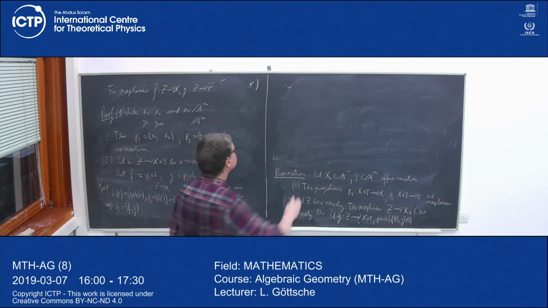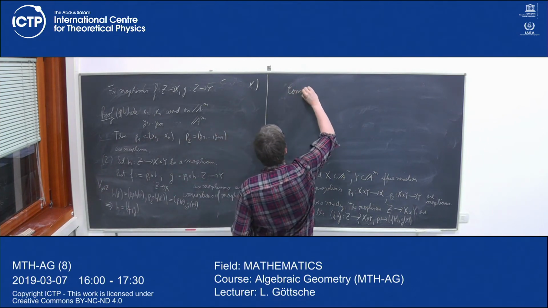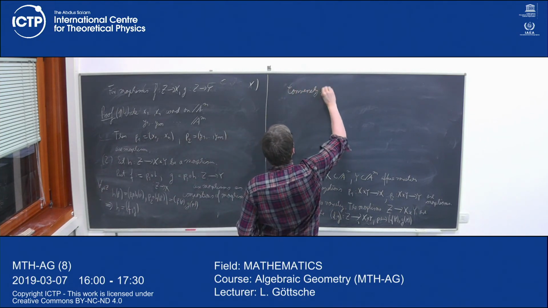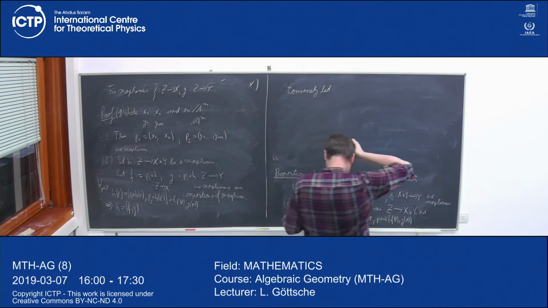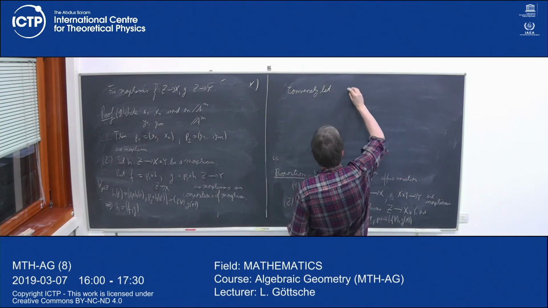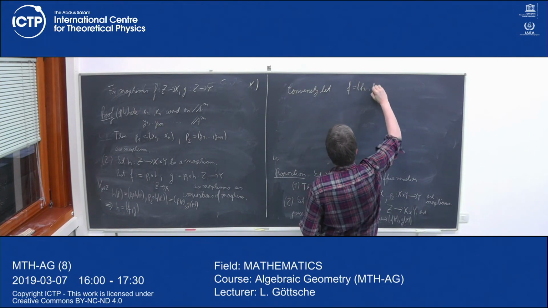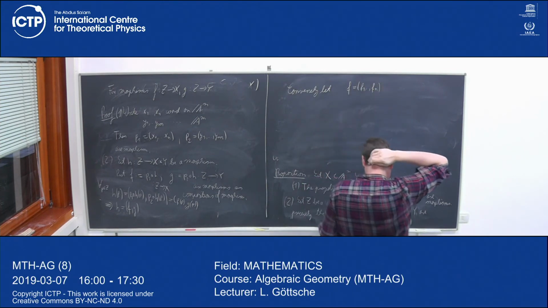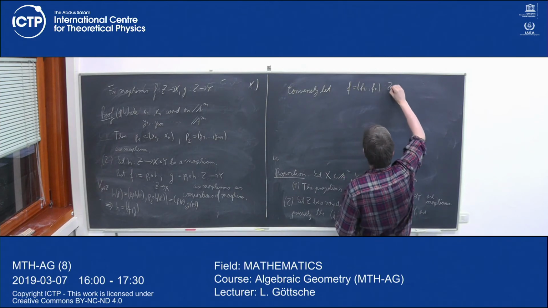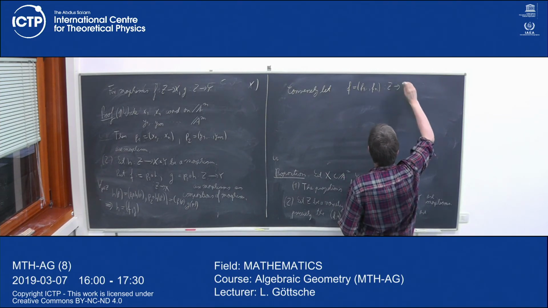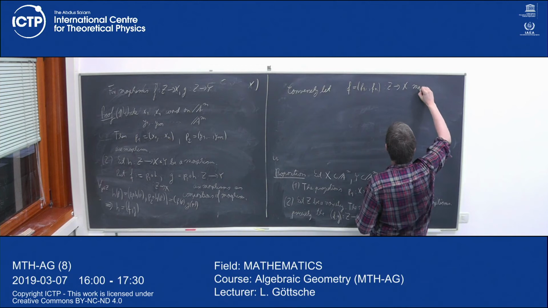So conversely, f you can write as f1 to fn from Z to X, the morphism.